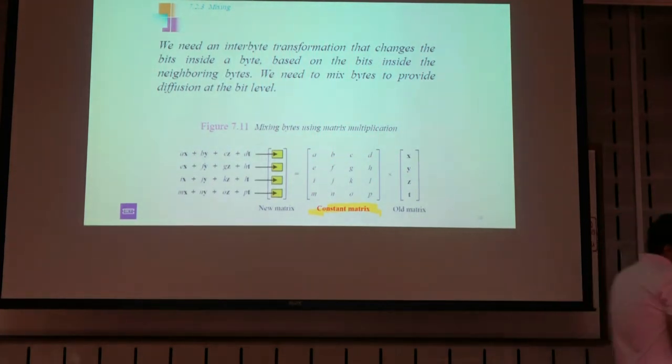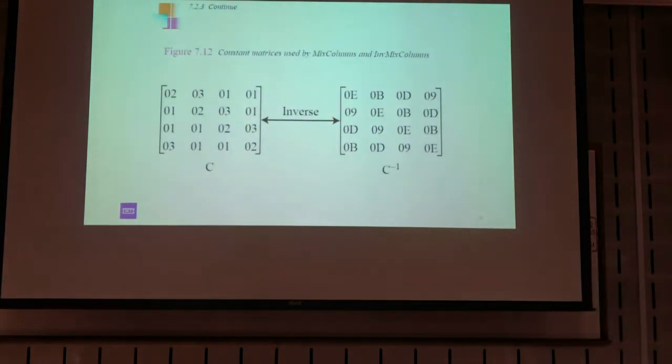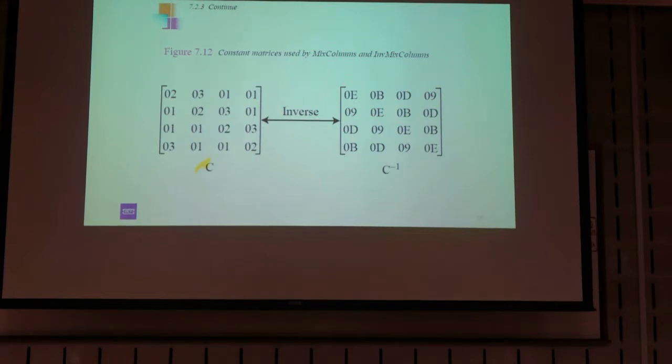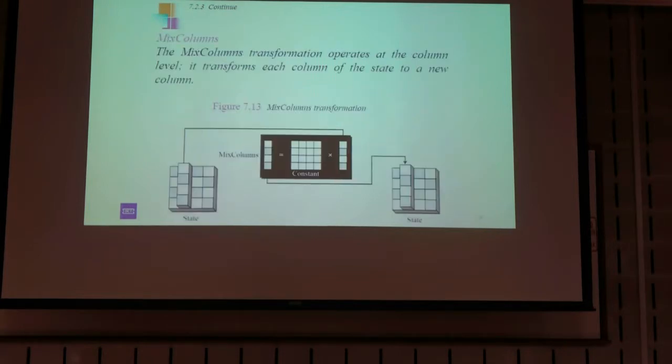So if you have a matrix C and C inverse, we can always use this technique in the round during encryption and the inverse when we go back. So that's what we do exactly. We take each column. If I'm mixing, what do we do with each column? Multiply it with a matrix.